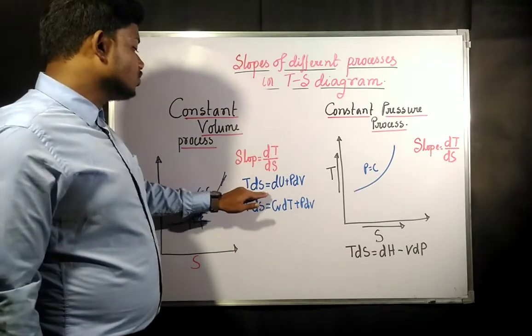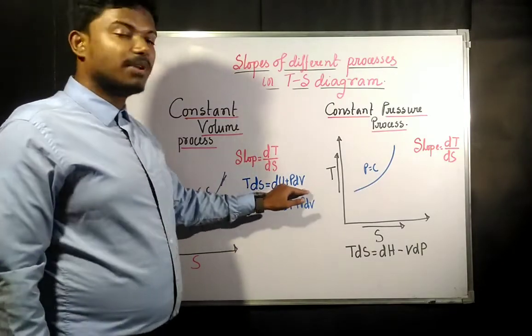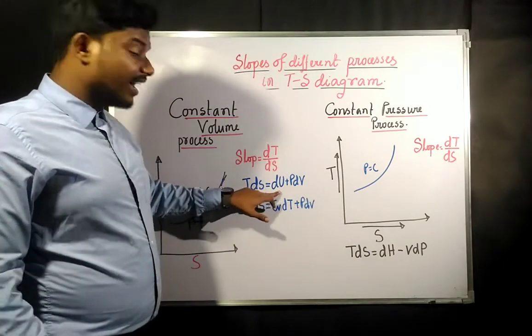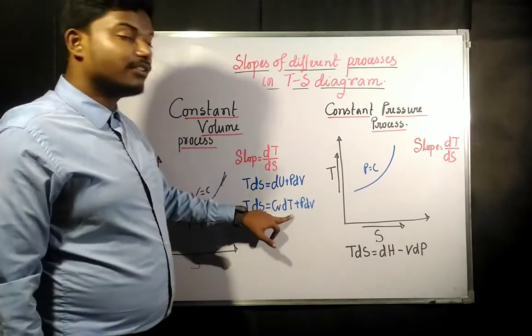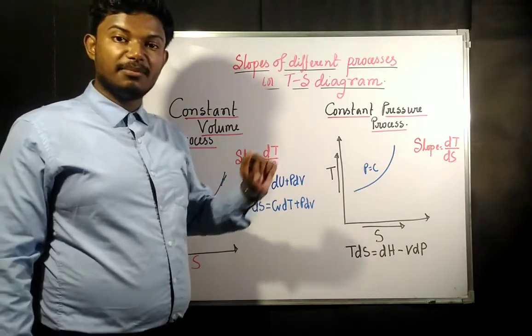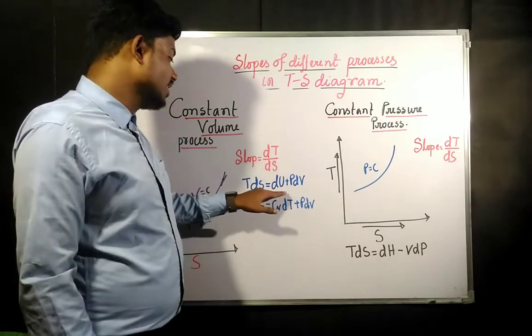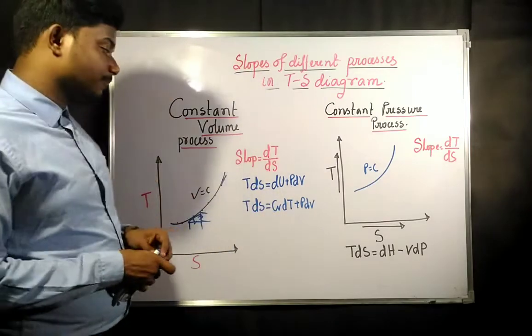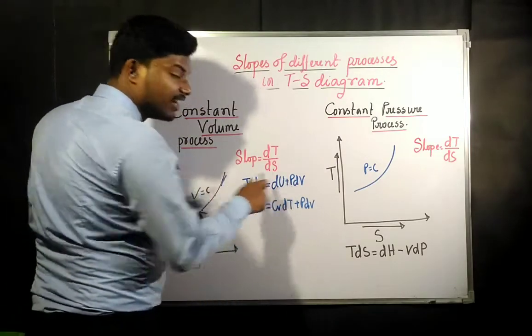Now we know this equation, TdS equals dU plus PdV. We have read earlier that dU is Cv into dT. If you recapitulate previous chapters, you will see that we derived this in the last board.